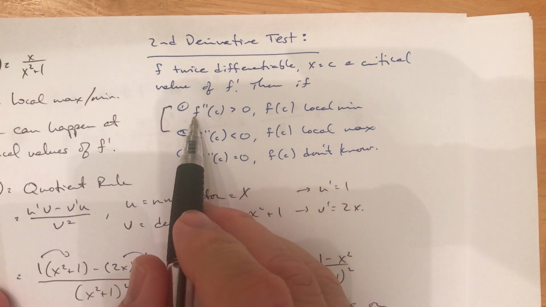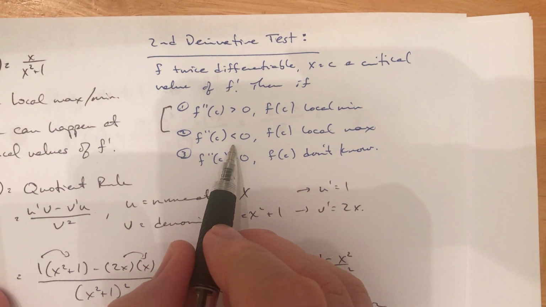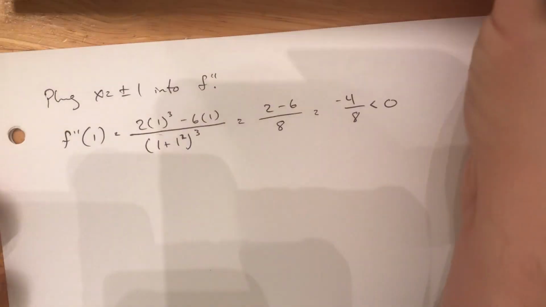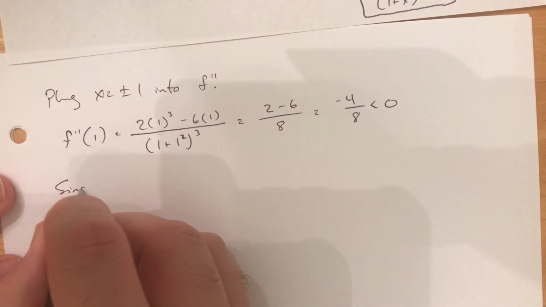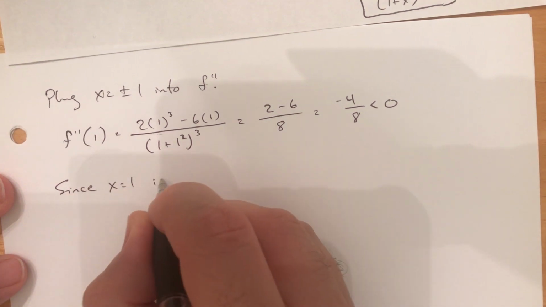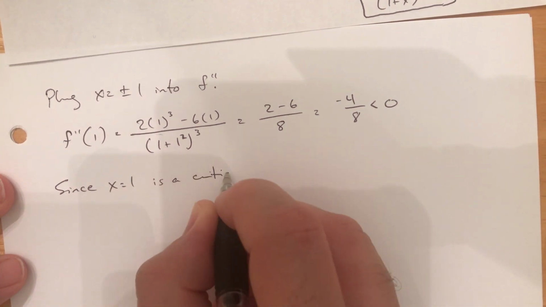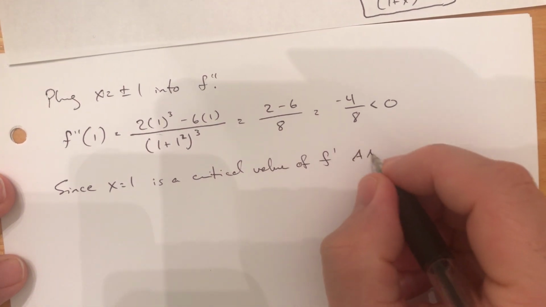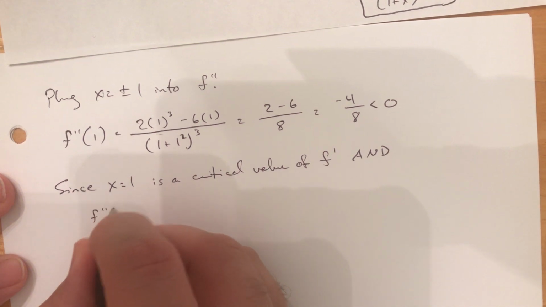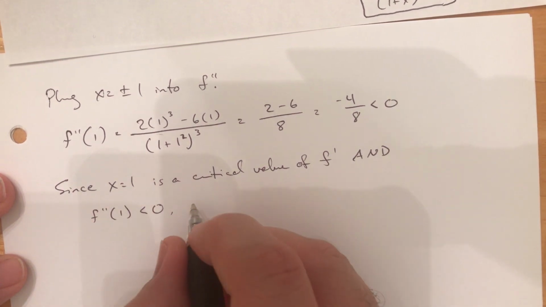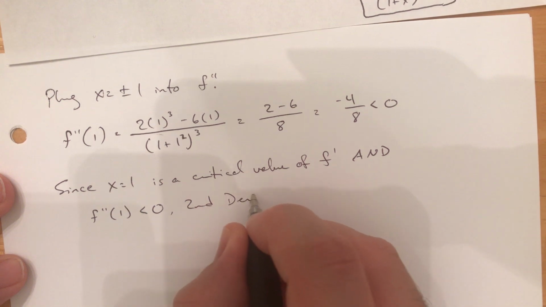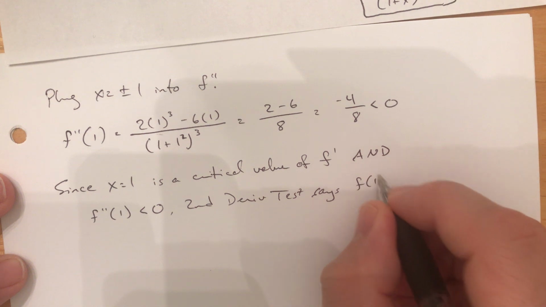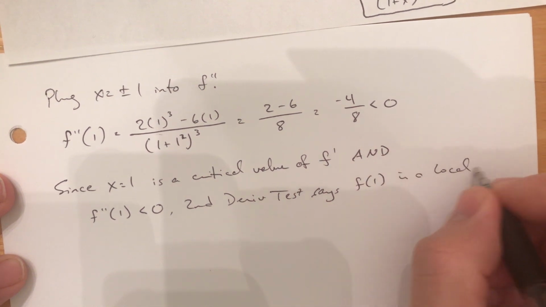Anytime that second derivative is negative at the critical value that we found, we have found a local maximum. Since x equals 1 is a critical value of f prime, and f double prime of 1 is less than 0, our second derivative test says that f of 1 is a local maximum.